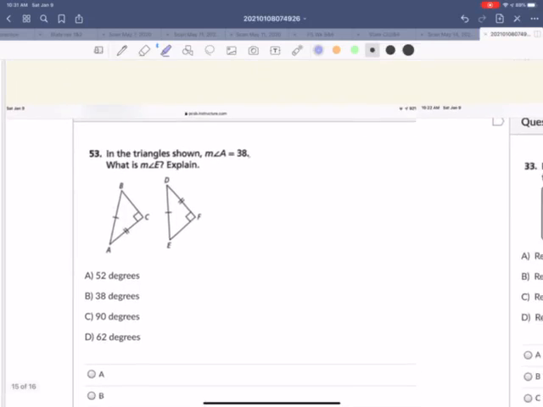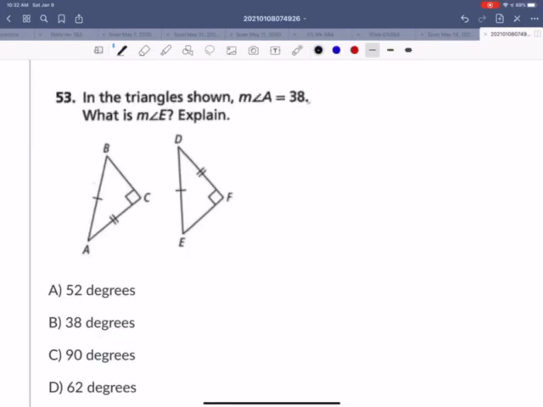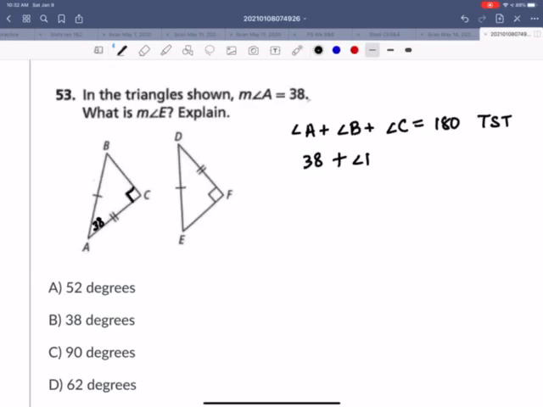So number 5 states, in the triangle shown, if A is 38, so I'm going to make that 38. Notice that's 90. And using the angle sum theorem, triangle sum theorem, I know that angle B has to be, I can solve for angle B. A is 38. B I can solve for.